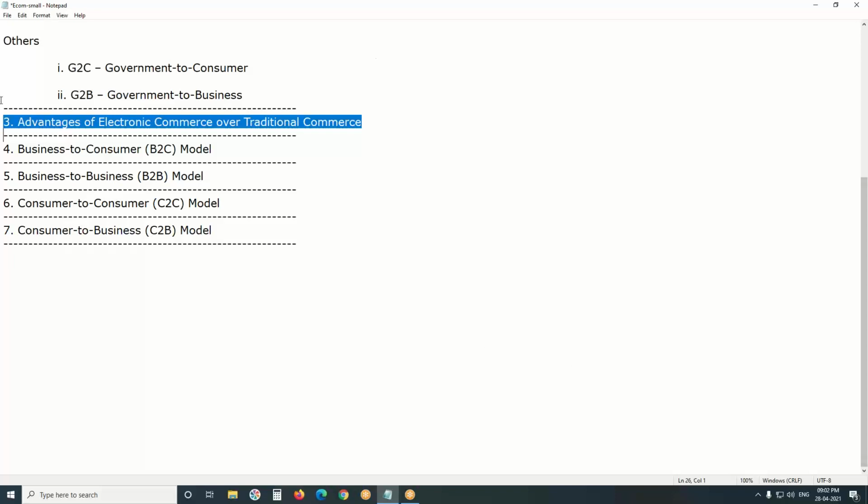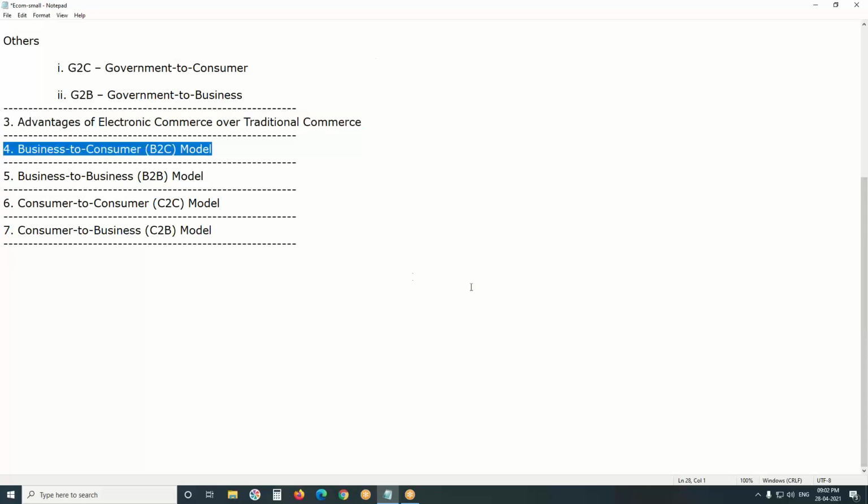Next, fourth one, I'm expanding e-commerce business models. Four important business models. First, business to consumer model. In this B2C model, a business website is a place where all the transactions take place directly between a business organization and a consumer.